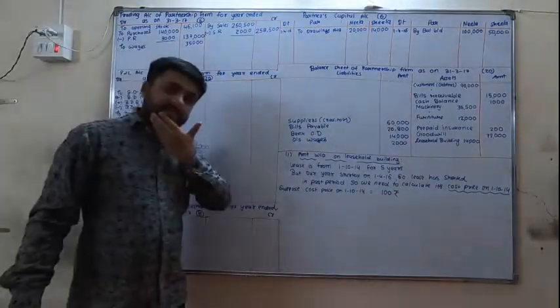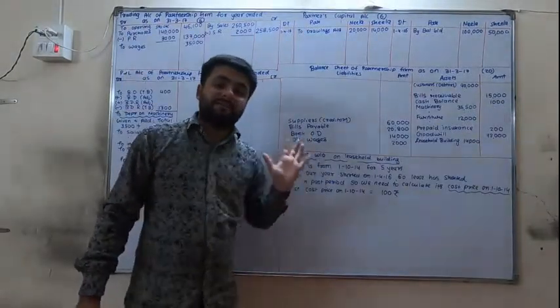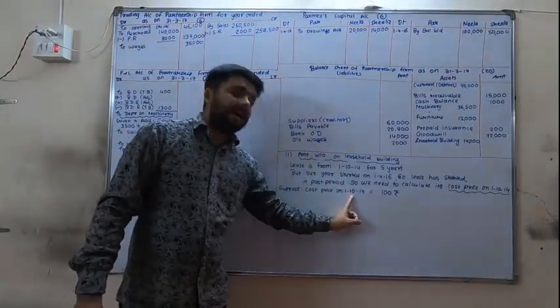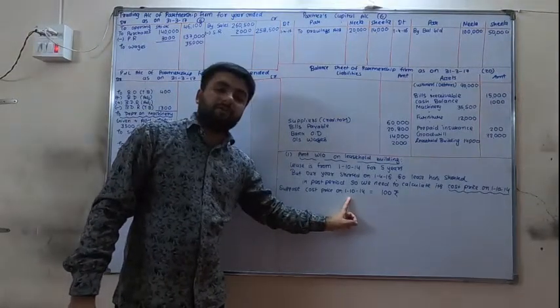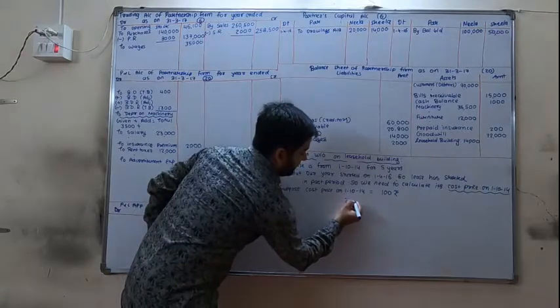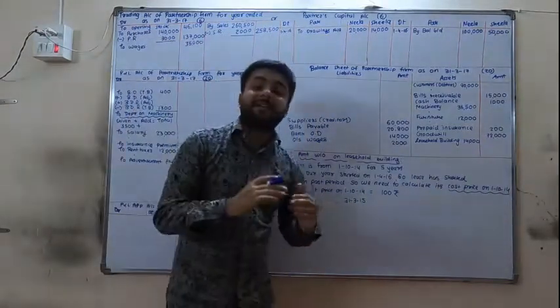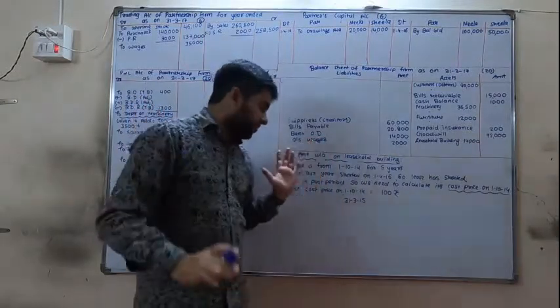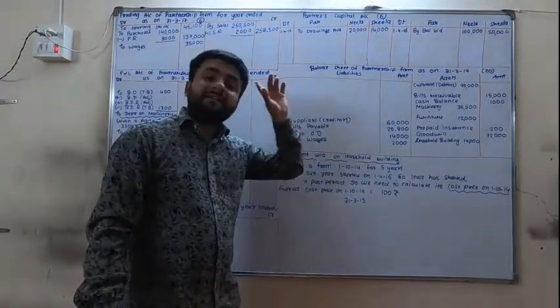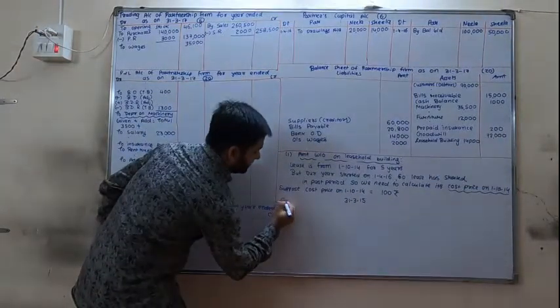Now friends, all the years end on 31/3 only. So after 1 October 2014, where will 31/3 come? 31/3 will come in 2015, because in 2014 that date is already gone. So after 1/10/14, 31/3 will come after 6 months. So what will we write?